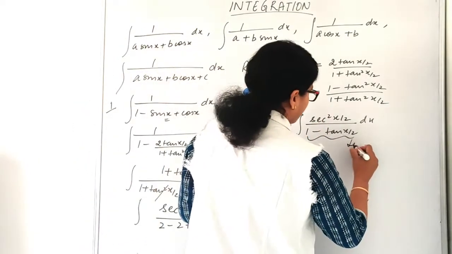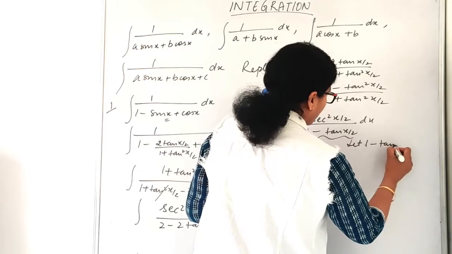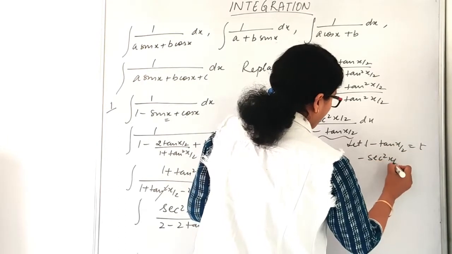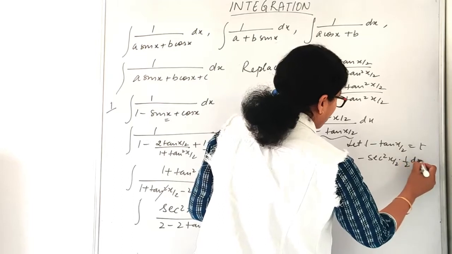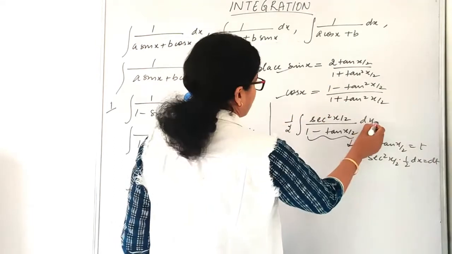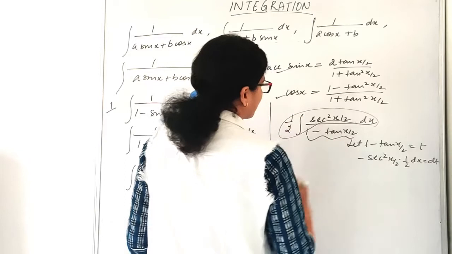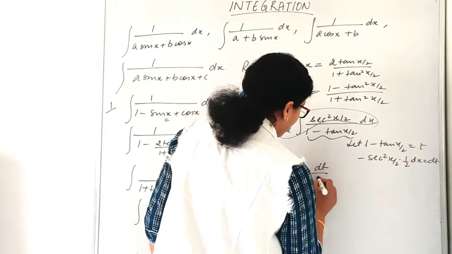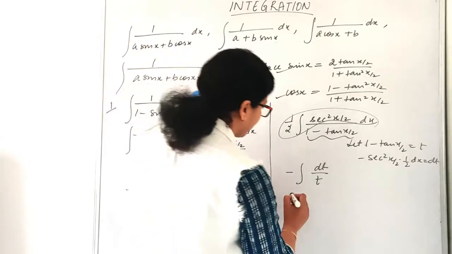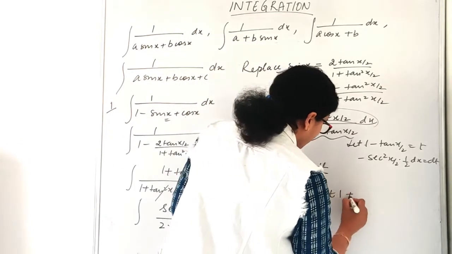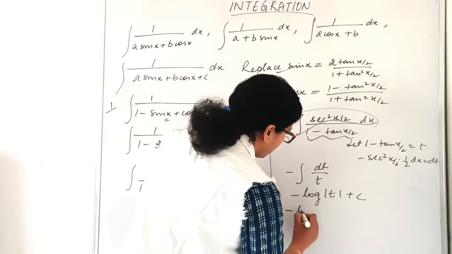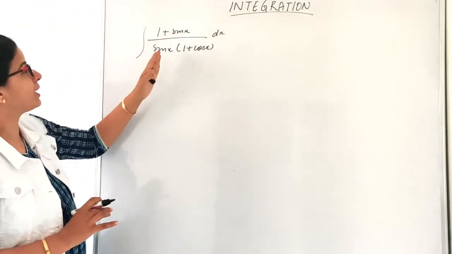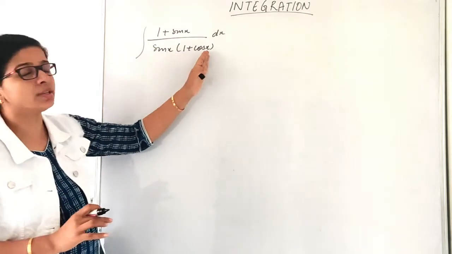So let 1 minus tan x by 2 be t. Then minus secant square x by 2 into 1 by 2 dx is equal to dt. So look here, this becomes my dt. So I can write here minus dt by t, which is nothing but log t plus c. Substitute the value of t. Done.